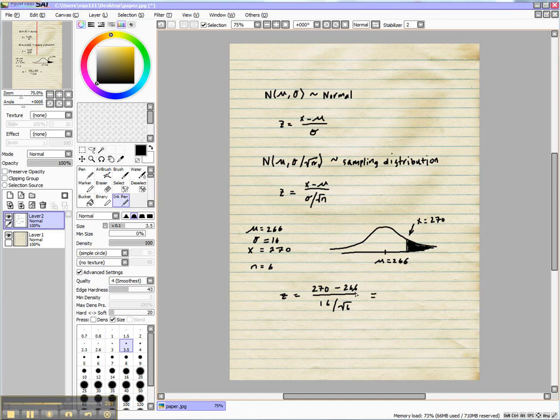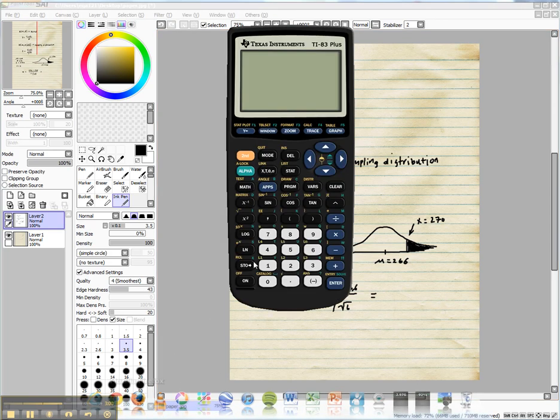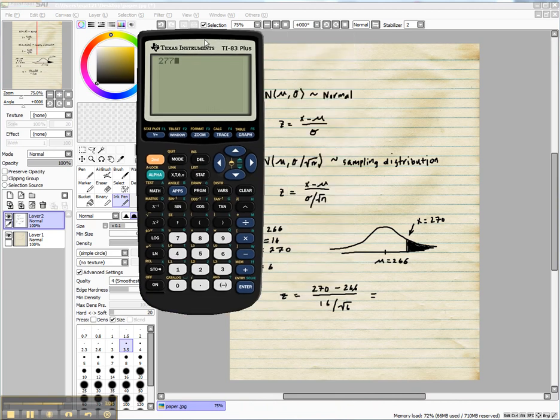Let's take out our calculator and solve that really quick. 270 minus 266 equals 4, and then divide all of that by 16 divided by the square root of 6. The square root is right here in yellow, so you have to go yellow, x squared.